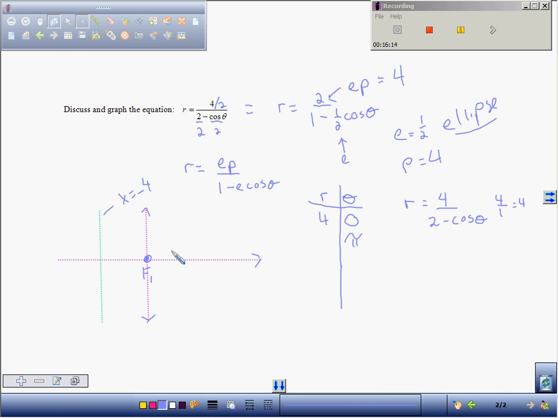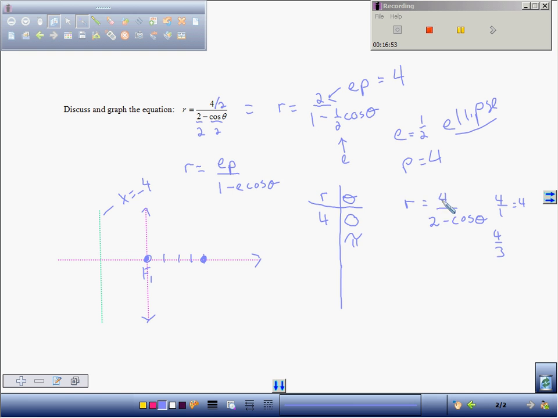What that means, if I'm counting out here, one focus is always right at 0, 0 for the pole. So 1, 2, 3, 4, and rotate through 0. There's a point on that axis. Now if I plug in pi in here, what's the cosine of pi? -1. And so 4 over 2 minus -1 would be 4 over 3.